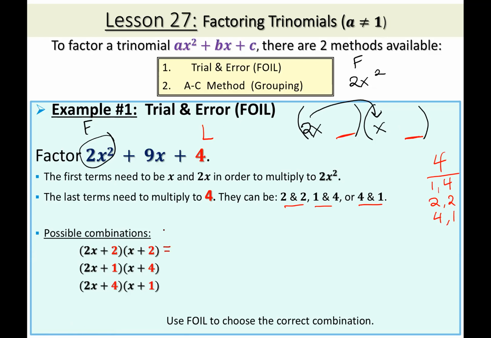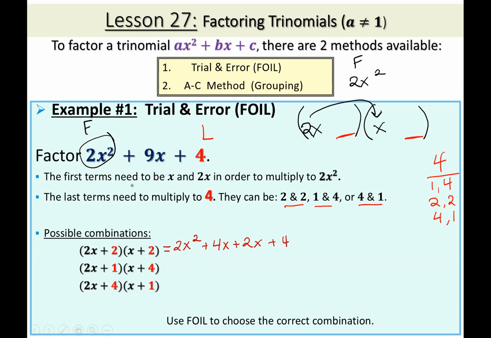So 2x times x, that's 2x squared. Then my outside terms, 2x times 2, that's 4x. Then my inside terms, 2 times x, that's 2x. And then my last two terms, 2 times 2 is 4. So did we get it? Well, take a look. We have the 2x squared.